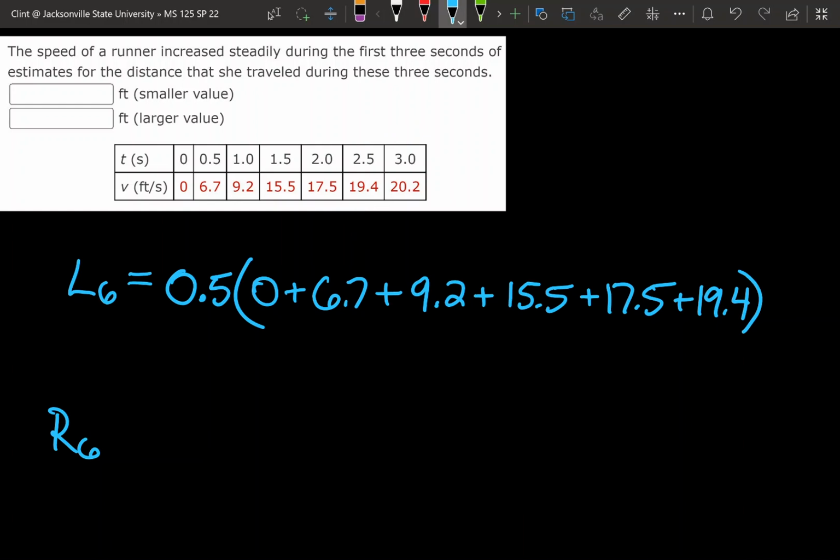If we're doing the right endpoint sum, each one's still 0.5. But this time on this interval from 0 to 0.5, we'll use 6.7, the one on the right side. And then for the next one, we use 9.2, the one on the right side.